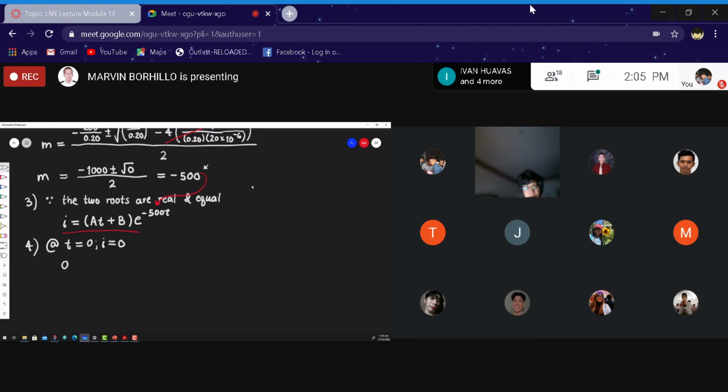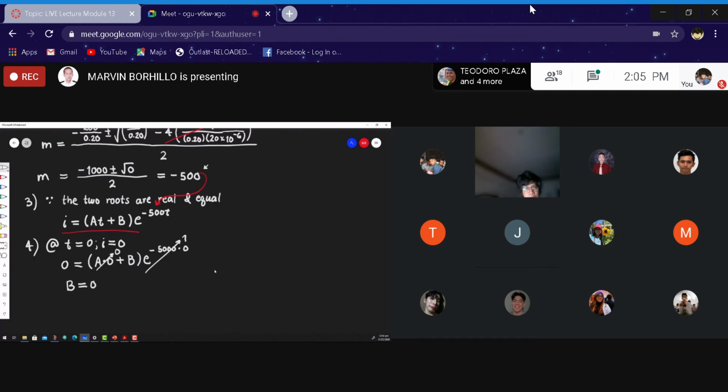So, 0 is equals to A times 0 plus B times E raised to 500 times 0. This exponential term will be equal to 1. This part is 0. So our B eventually will be equals to 0.